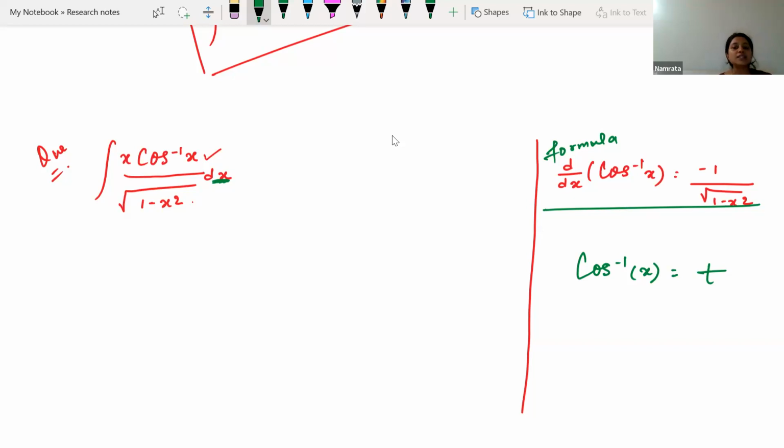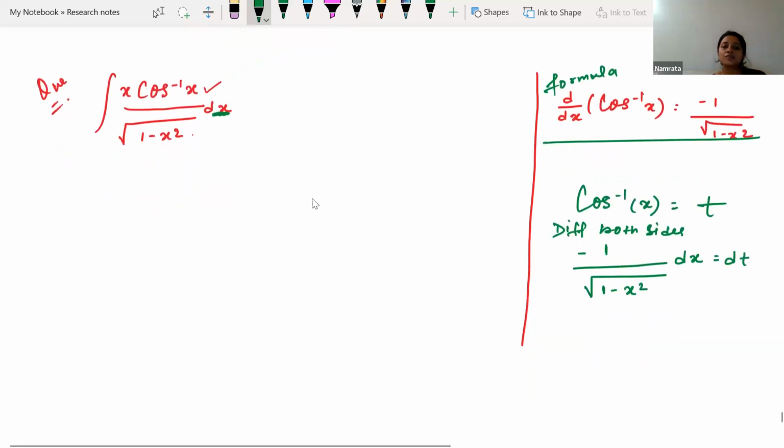So 1 divided by under root 1 minus x square dx is equal to minus dt. Is this step clear to everybody? Here I have differentiated both sides, and that's how we landed up over here.